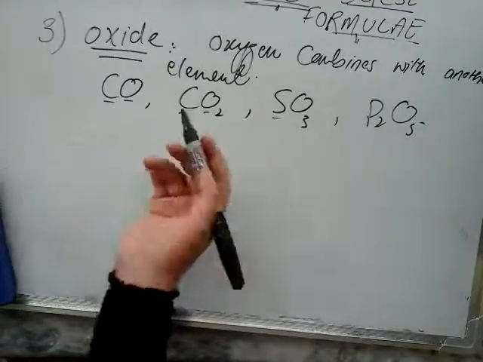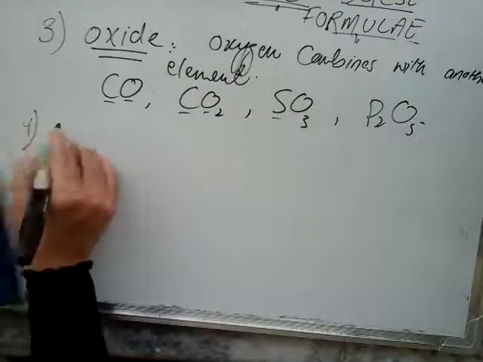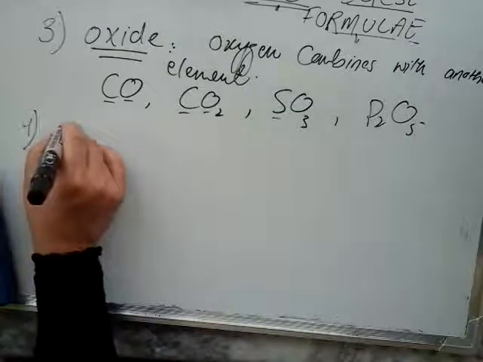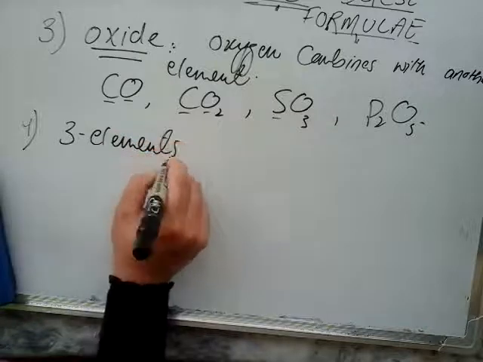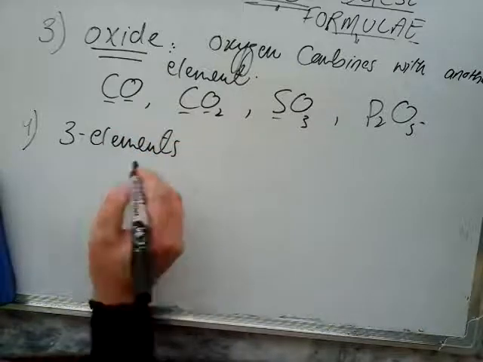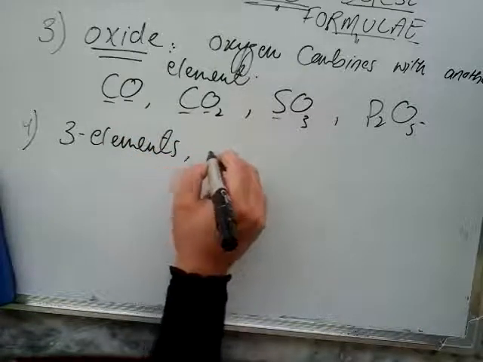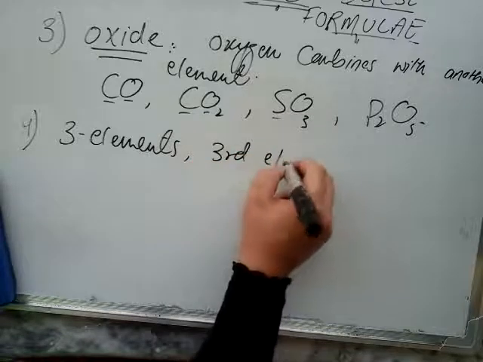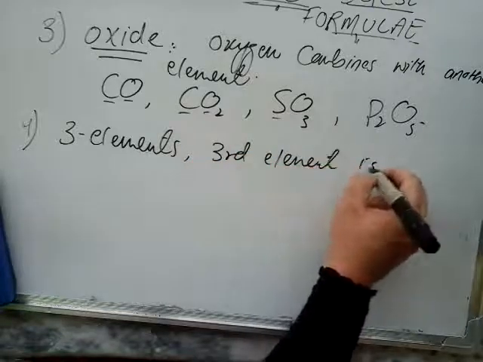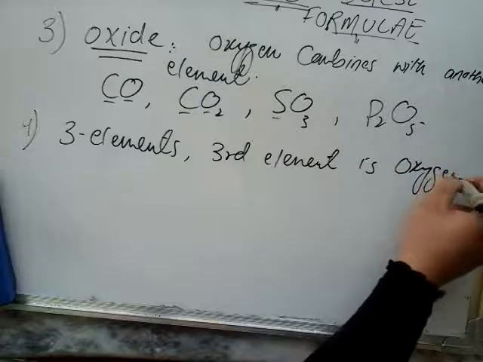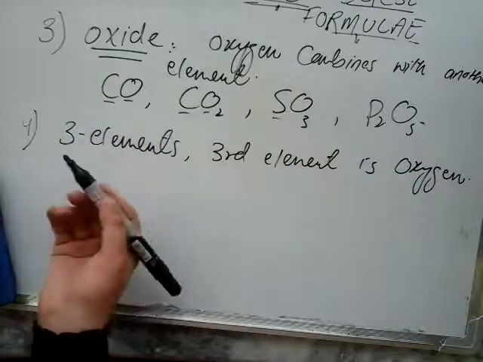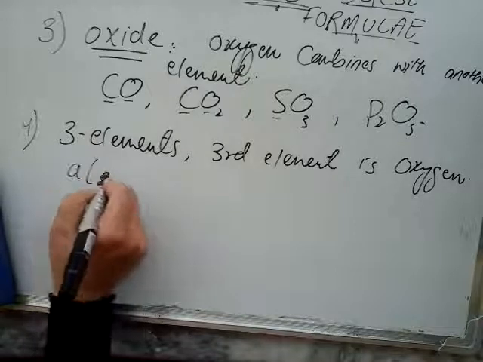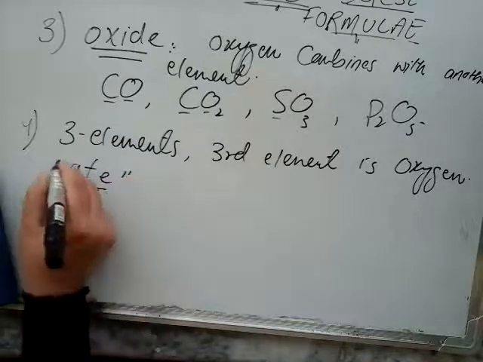What if a third element is present? Okay, if two elements are present, it is an oxide. If the compound has three elements, and the third element is oxygen, then we will not use the word oxide, we will use the suffix ate.